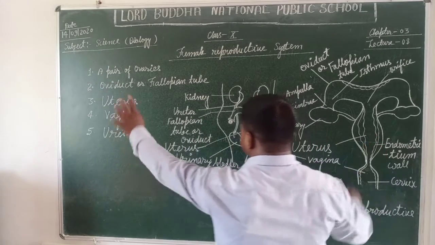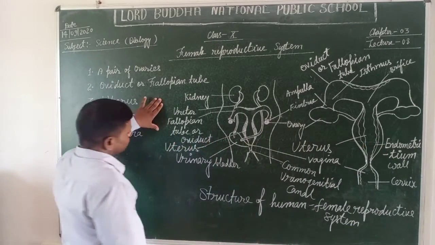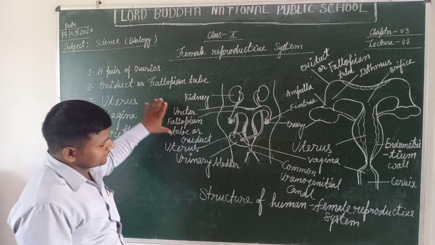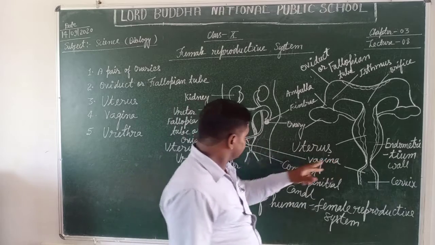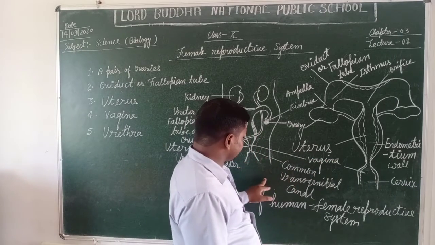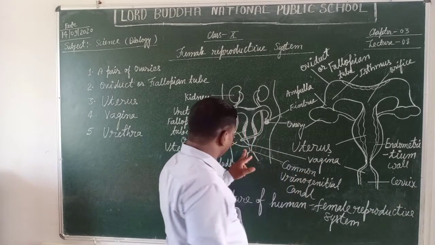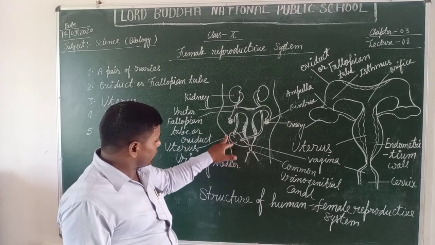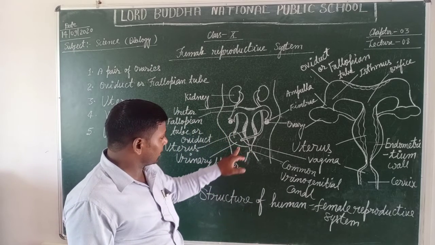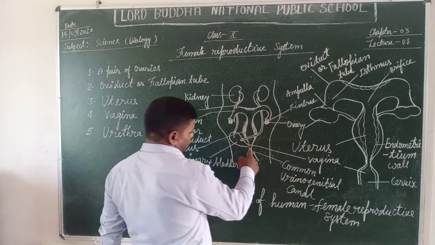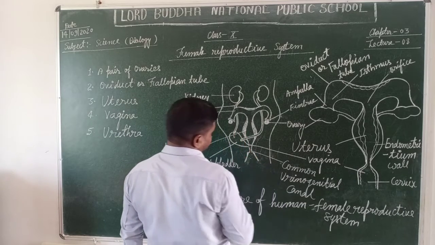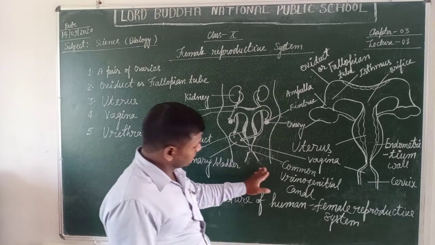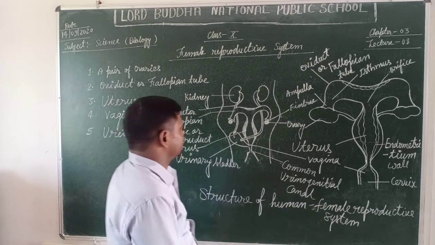Now students, here I am also going to explain this diagram, because in this the common urinogenital canal is shown along with the urinary bladder. That's why this opening, the urethra, is also called the common urinogenital canal.